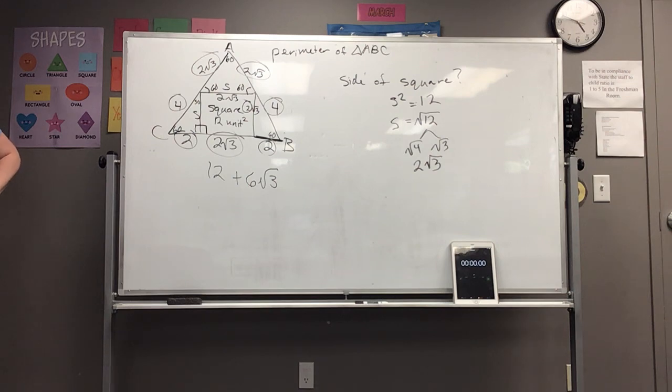Probably the most difficult geometry problem I've seen. Not terrible, just a lot of pieces to it. A lot's going on with this one. So, again, you're kind of quiet, any feedback?